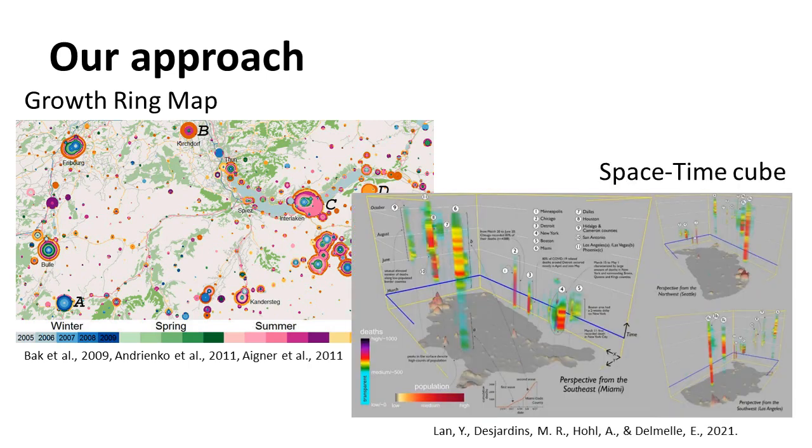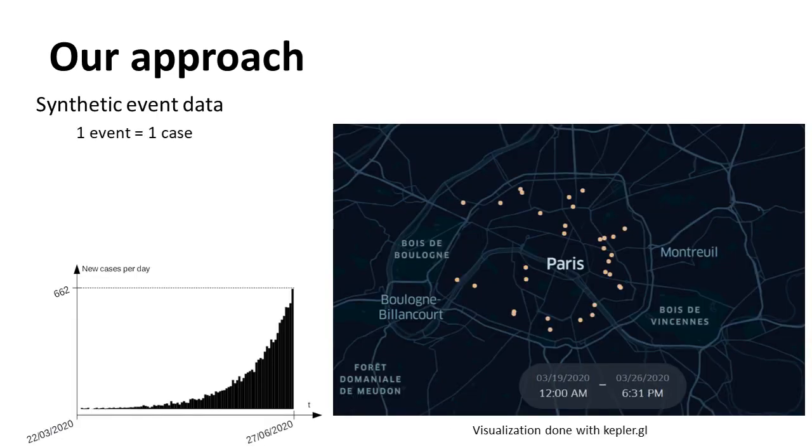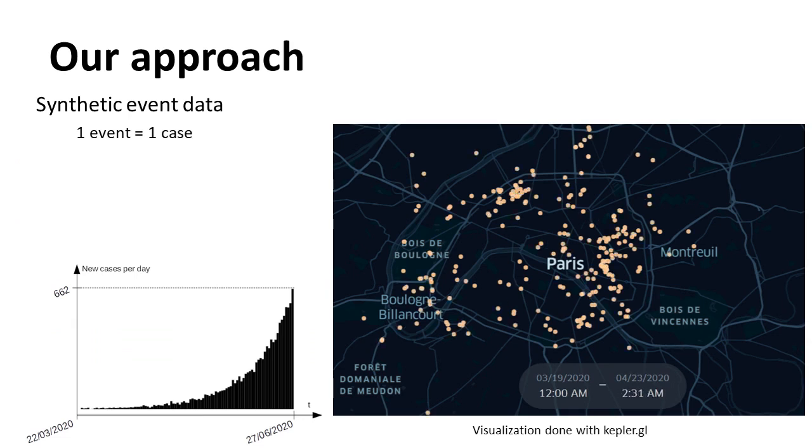The second approach is inspired from the space-time cube methods, which propose to represent in a 3D visualization the geographical space with the first two axes of the visualization and the temporal dimension with the third axis. And we applied these two methods to the visualization of a synthetic event dataset representing COVID-19 cases.